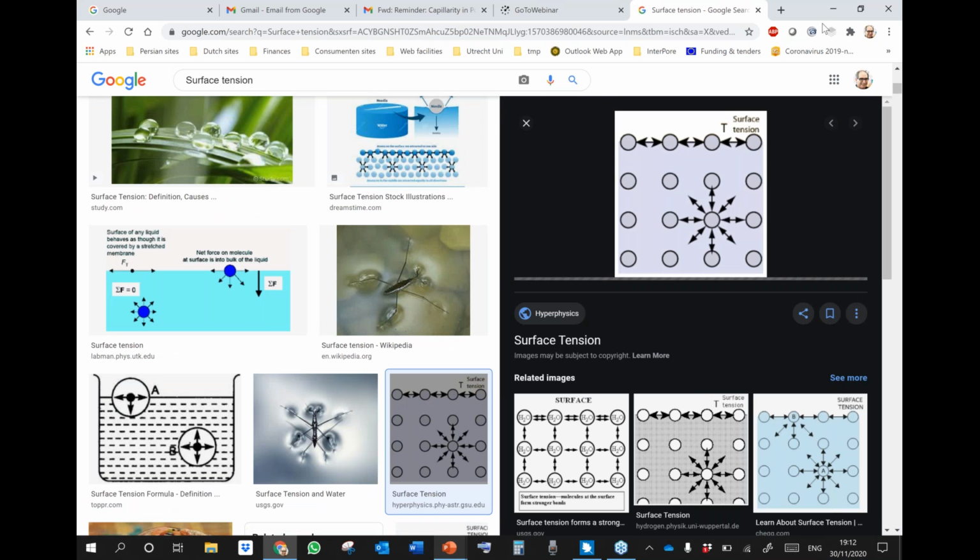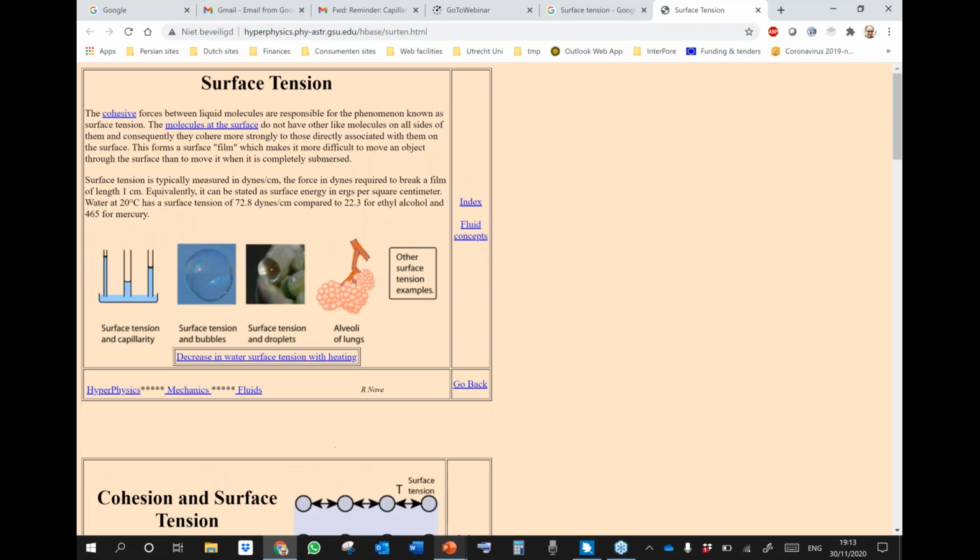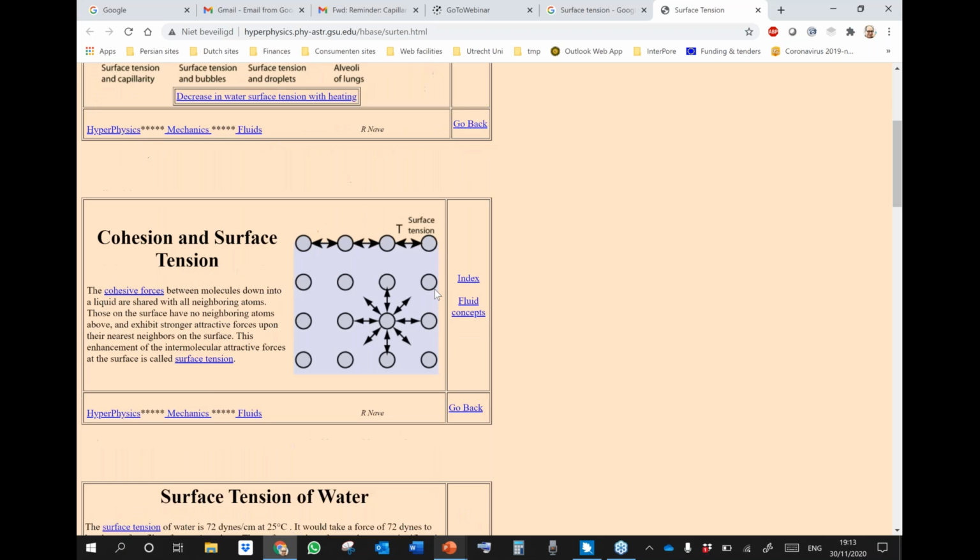You see, it shows the molecules have attraction among them at the surface, and it says that this attraction at the surface is not balanced in the perpendicular direction to the surface, and inside the fluid they are balanced. The molecule in the middle shows forces in all directions.